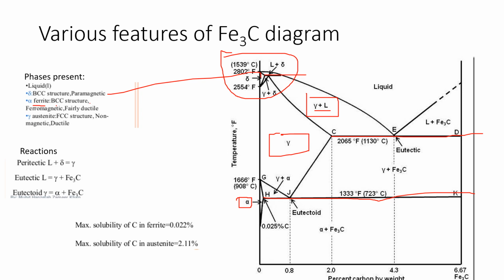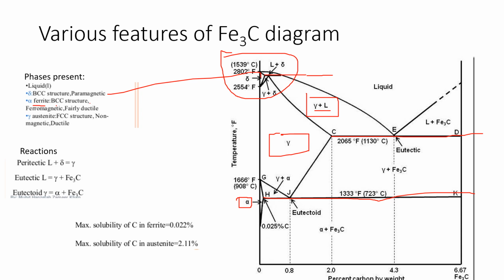This region is known as the delta region because of the delta solid solution. So we must recognize the horizontal line at 2720 degrees Fahrenheit, which is this one small horizontal line.